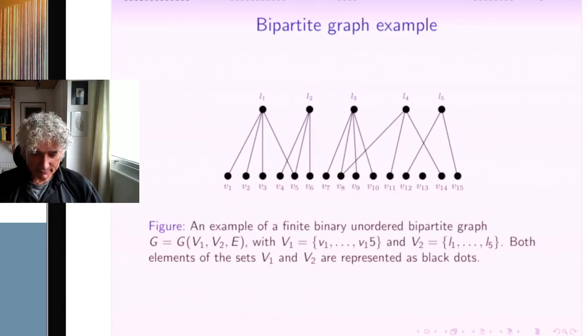So every vertex here is in the group L1. So this one, V2, is also in L1, V3 as well in L1, and so on and so on.